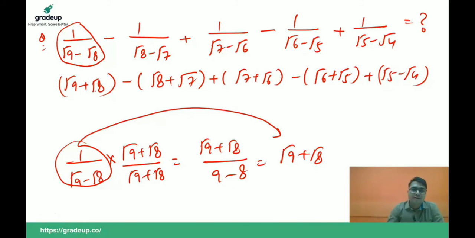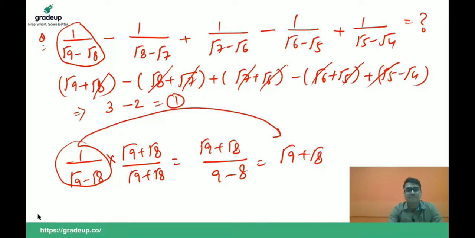Alright guys, so this will cancel out with this, and this will cancel out with this. Now you are left with 3 minus 2 is equal to 1. This will be your answer. Sorry, there is some mistake. This has to be plus. Alright, now we are getting 3 plus 2, that is 5.